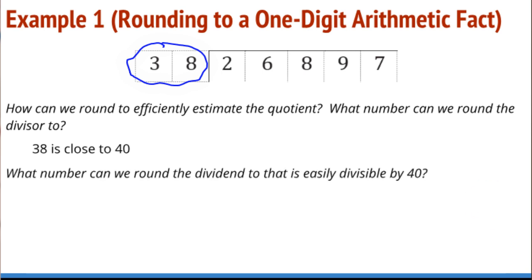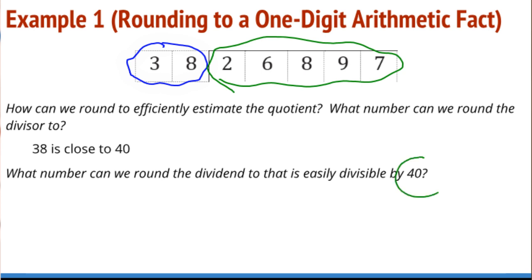Then we need to take a look at the dividend. And what shall we round the dividend to? Well, we'd like to find something that is really easy to divide by 40. And in my head, there's two options that come up. One of them is 24,000, and the other one is 28,000.